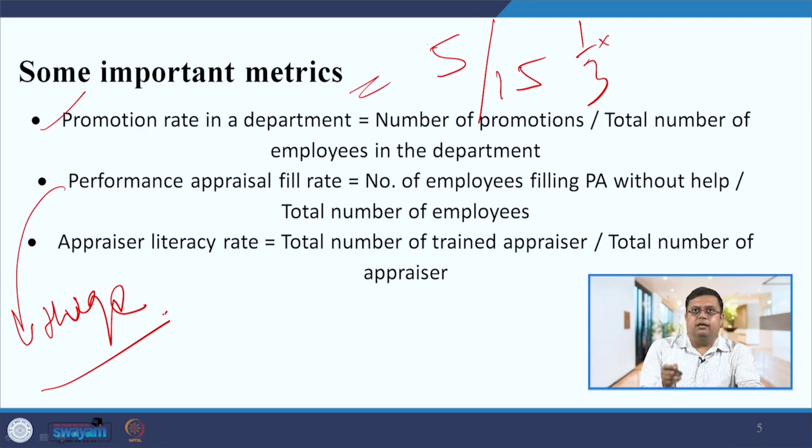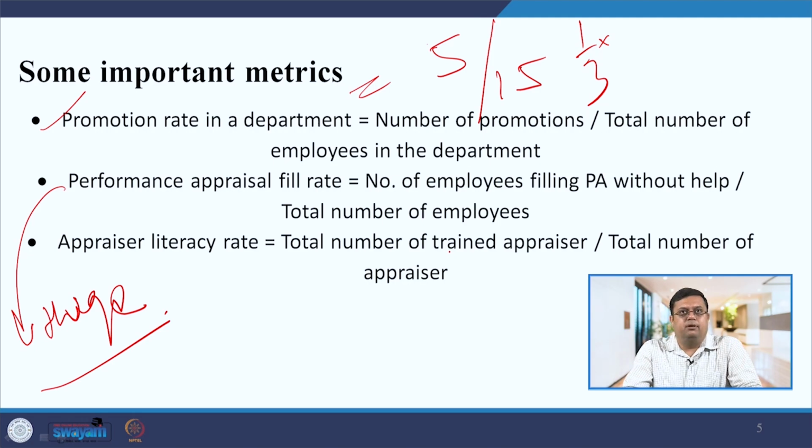And who will help to fill up the performance appraisal form? Somebody who knows it. So, another rate that you have to calculate is the appraiser literacy rate. How many people are confident to fill up this performance appraisal form? You need to identify that number also. In this rate, it is the total number of trained appraisers divided by the total number of appraisers.